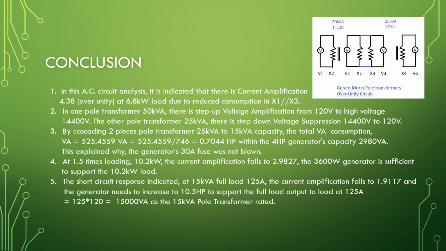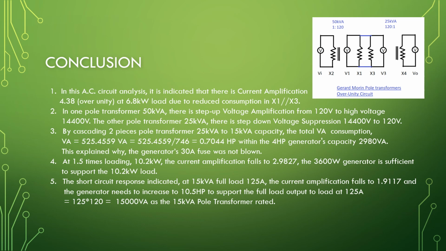In one pole transformer, 50 kVA, there is step-up voltage amplification from 120 volt to high voltage 14,400 volt. The other pole transformer, 25 kVA, there is step-down voltage suppression from 14,400 volt to 120 volt.